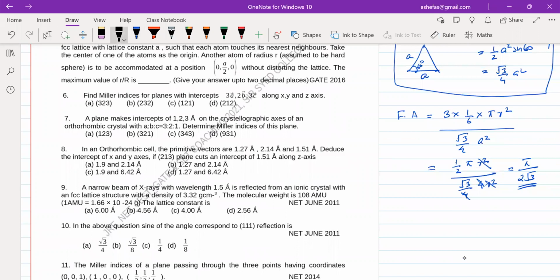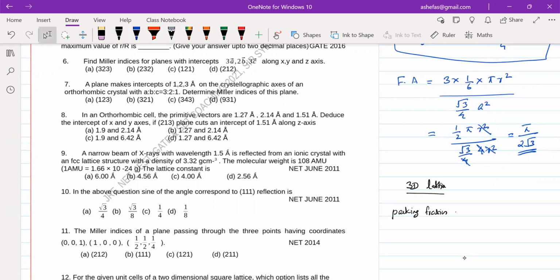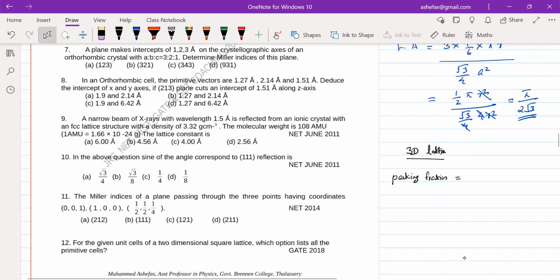So for a 3D lattice, we define the packing fraction as equal to the volume of the atoms occupied in the lattice divided by the volume of the lattice.